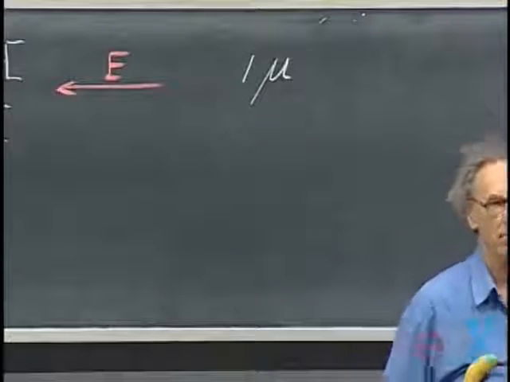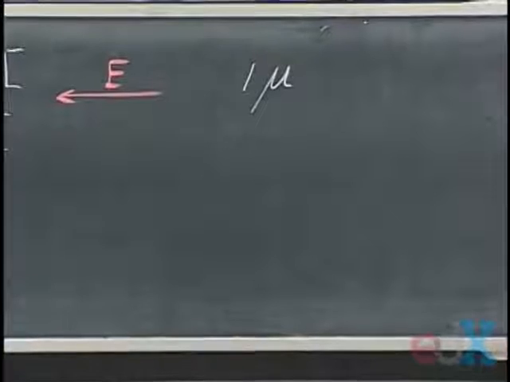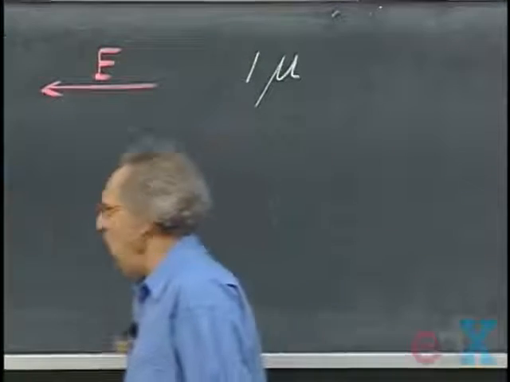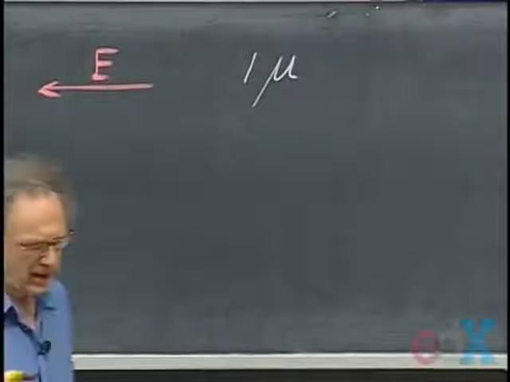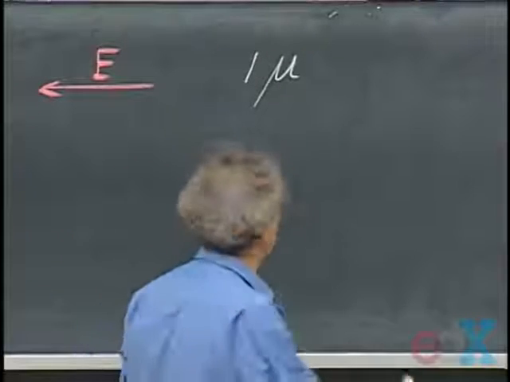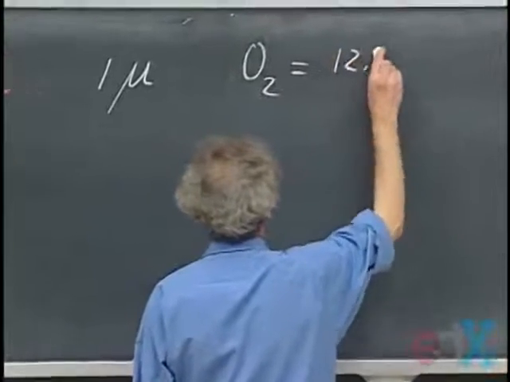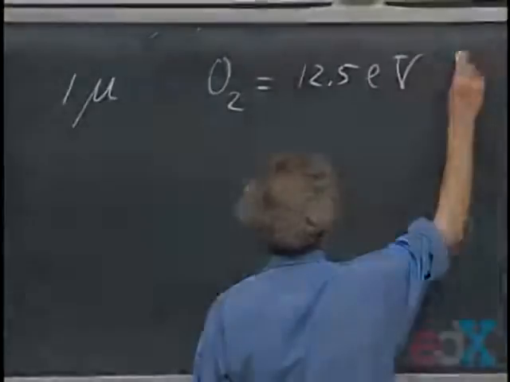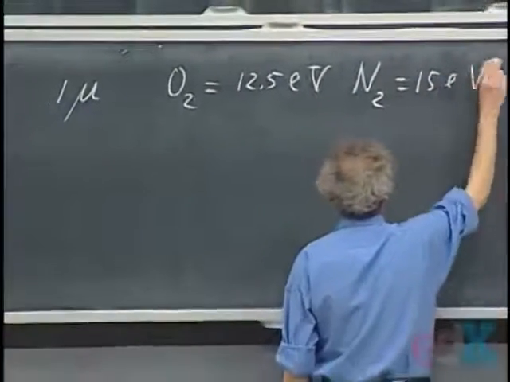It's just a given. On average, sometimes a little more, sometimes a little less. It's a random process, of course. To ionize nitrogen, to ionize oxygen takes energy. To ionize an oxygen molecule takes 12.5 electron volts, and to ionize nitrogen takes about 15 electron volts.